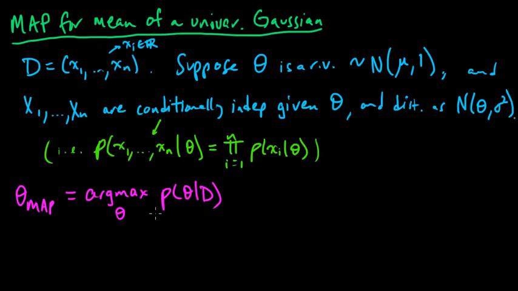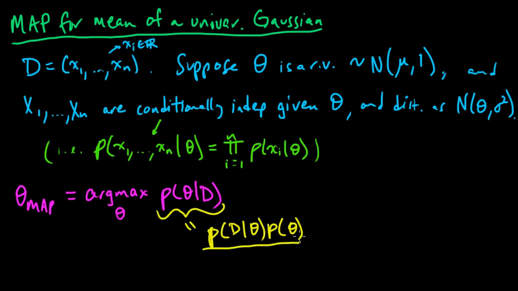Now we can rewrite this by Bayes' rule, if you remember your Bayes' rule from probability, as the probability of the data given theta times the probability of theta, divided by the probability of the data.